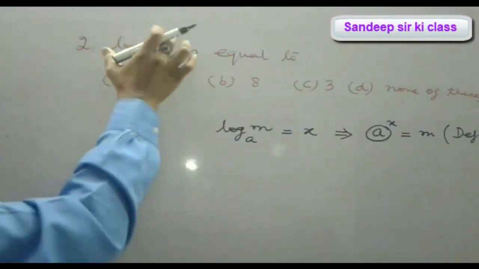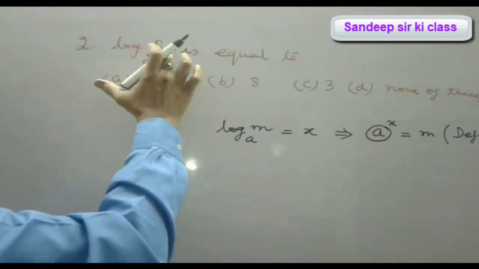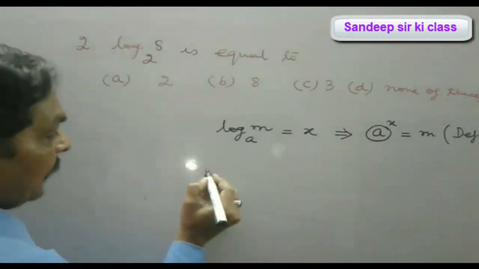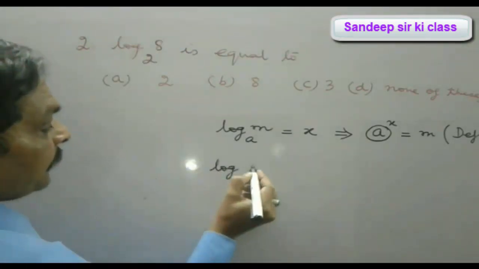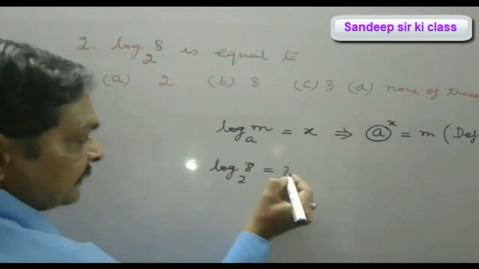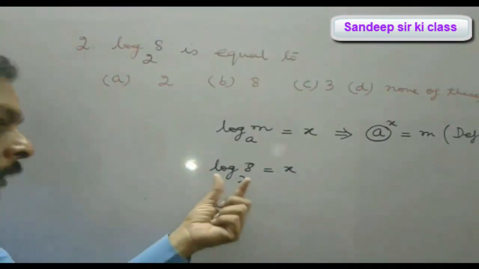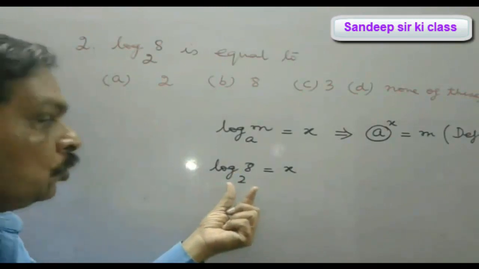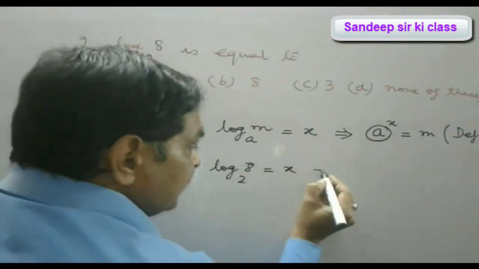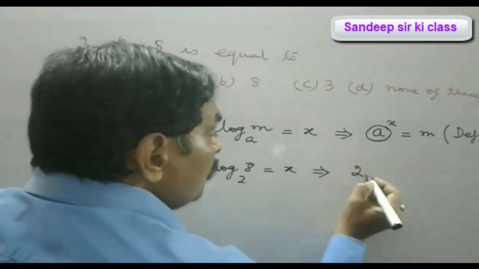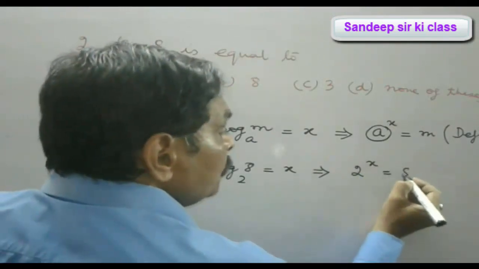With this, if I am to calculate the value of log 8 to the base 2, I assume it as x. I take log 8 to the base 2 is x. So this implies that 2 raised to the power x is equal to 8.